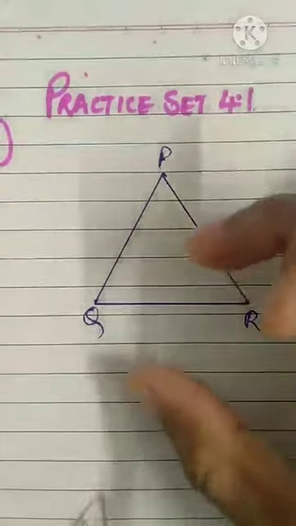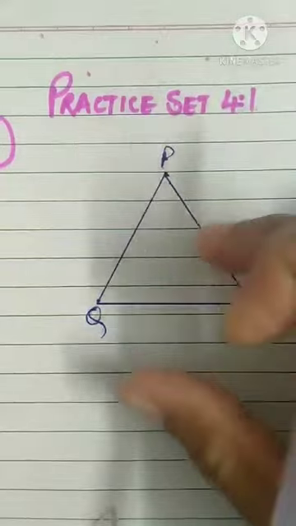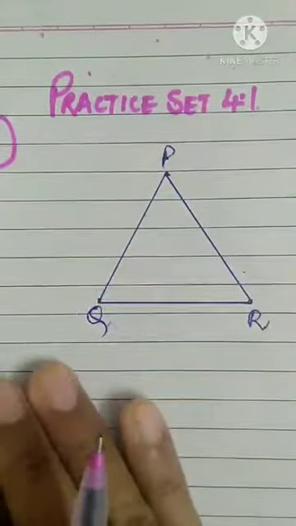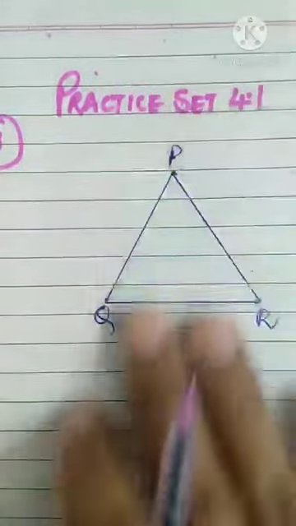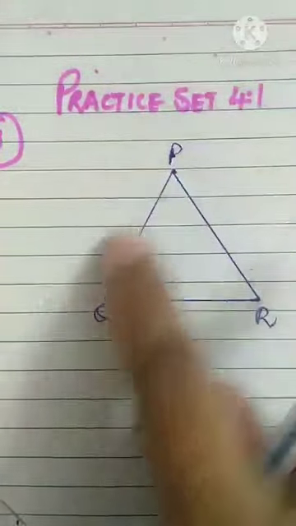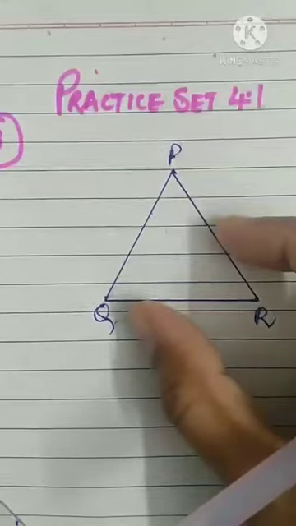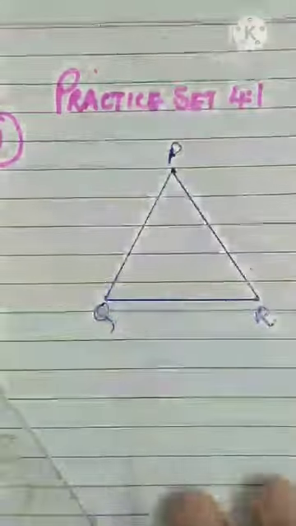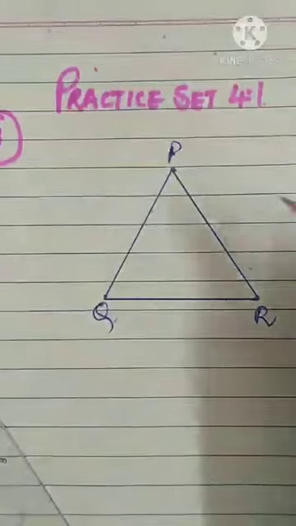We will draw altitude for this acute angled triangle. See to it that you draw the triangle like this. We don't want a broad acute angle triangle, otherwise the altitude will be shifted towards one side. So if the triangle is like this, you will get the altitudes very easily. What is an altitude?